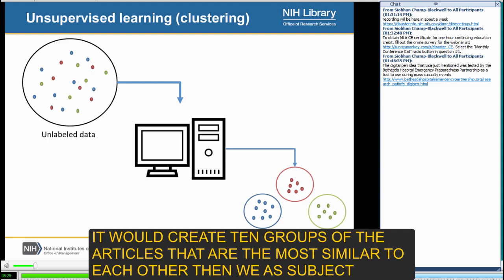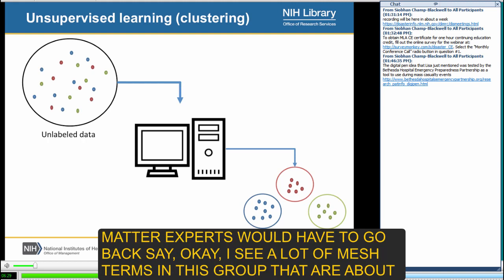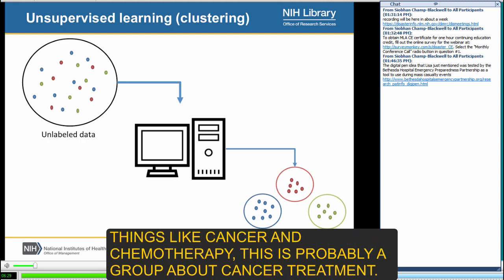It would create 10 groups of the articles that are the most similar to each other, and then we, as subject matter experts, would have to go back and say, okay, I see a lot of MeSH terms in this group that are about things like cancer and neoplasms and chemotherapy. So this is probably a group about cancer treatment.